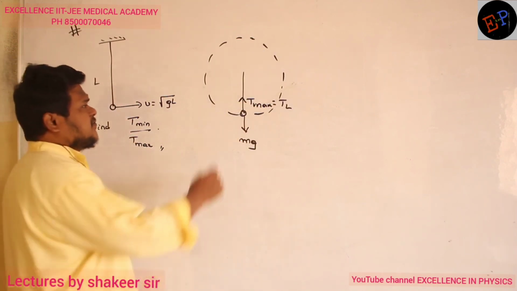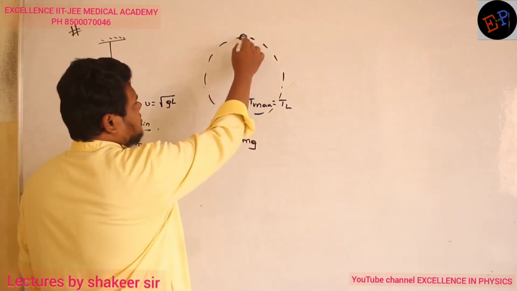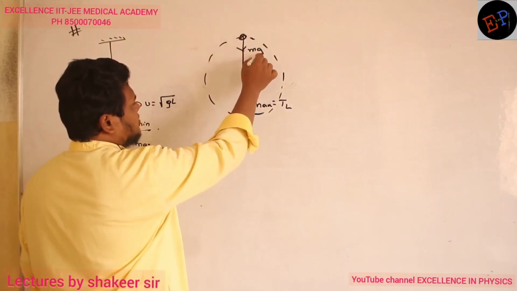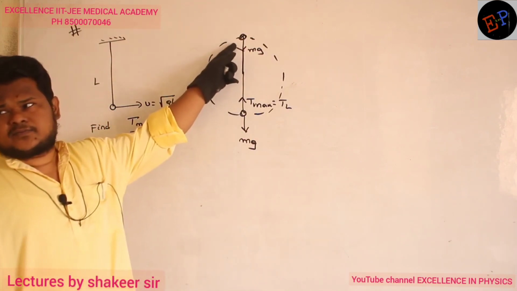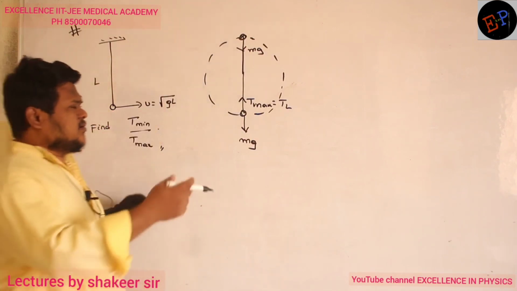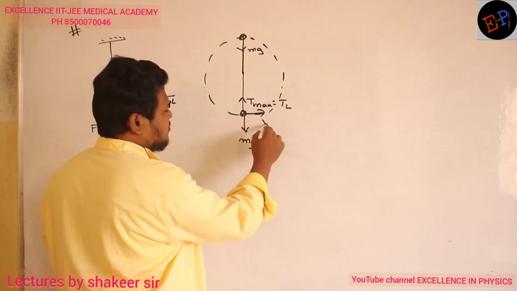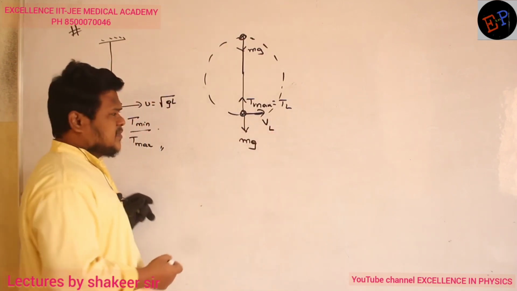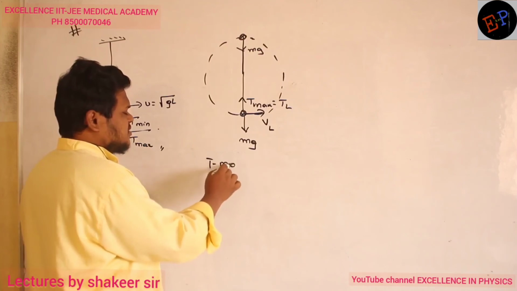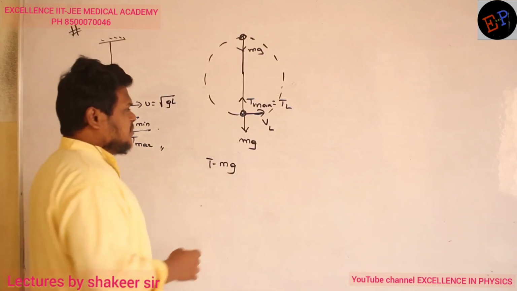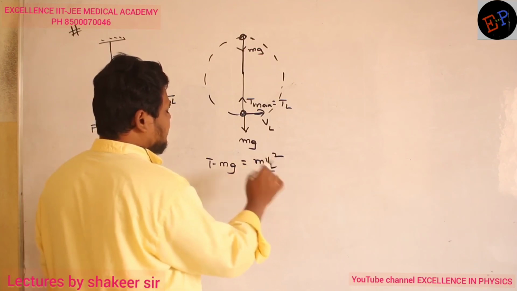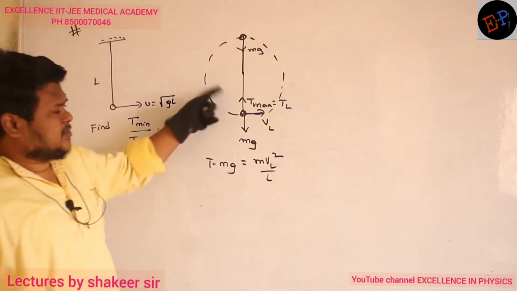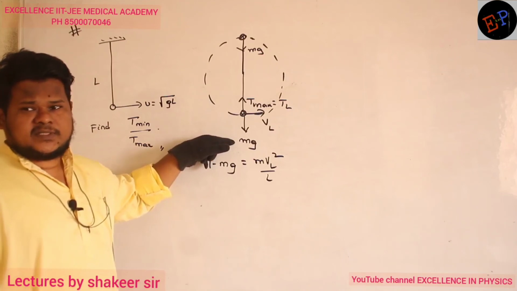But if you see at the topmost position, the string is no longer supporting the weight of the body, because the weight is acting downwards. The string doesn't need to support the weight of the body. Or you can do one thing. Here, if velocity at the lowest point is VL, then I can write T minus mg provides centripetal force, and it is VL square divided by L. Why T minus mg?